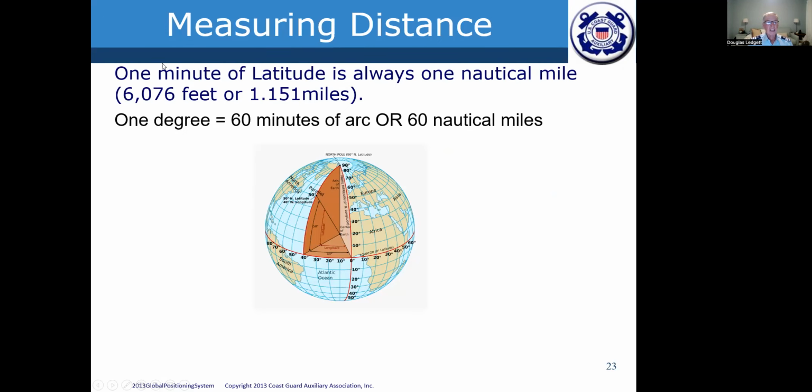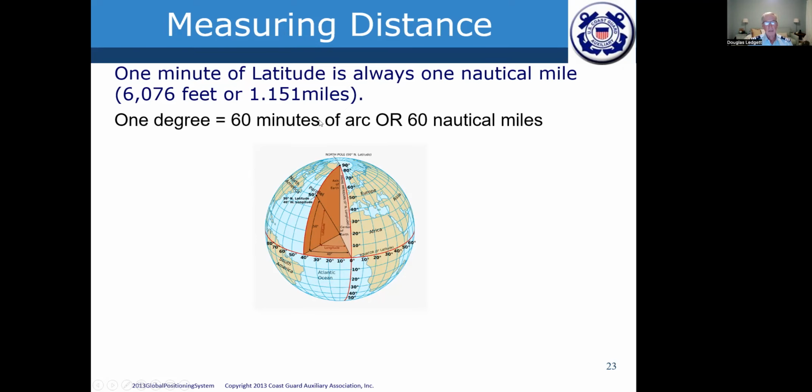Well, we'll get to that in a minute, but 1 minute of latitude is always 1 nautical mile. So 1 minute of latitude, that's about 6,076 feet. Most of us just use 6,000 feet, or about 1.15 statute miles. So if you look at this projection down here, you notice that the latitudes are going across here at 10 degrees, 10, 20, 30, 40. 1 degree of latitude is 60 minutes of arc.